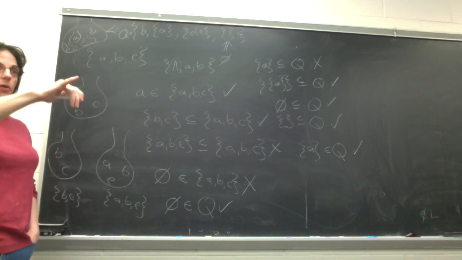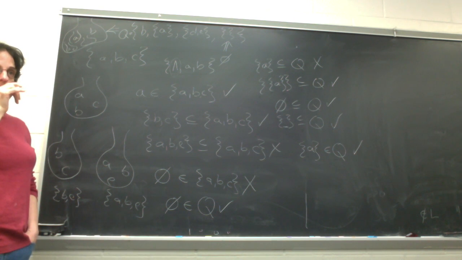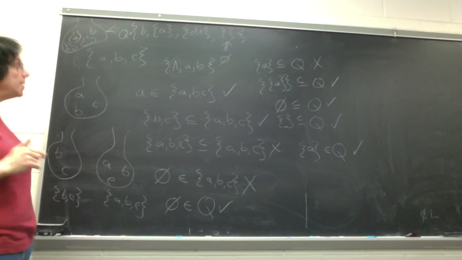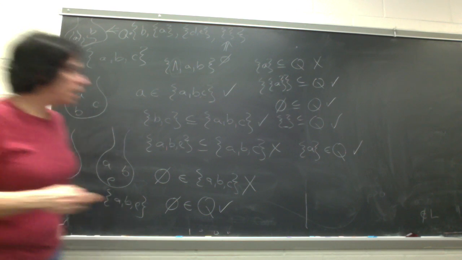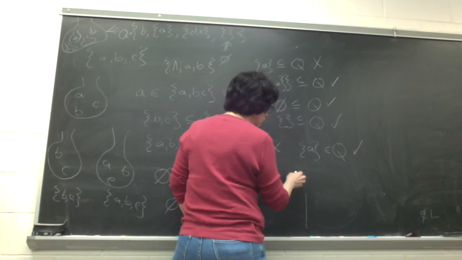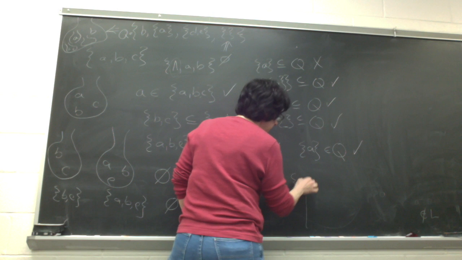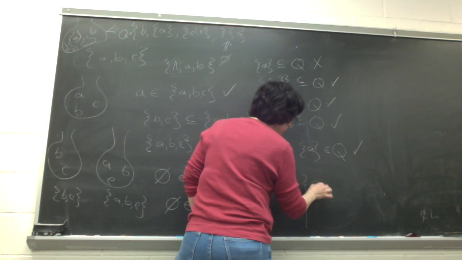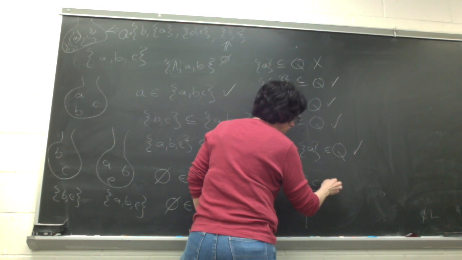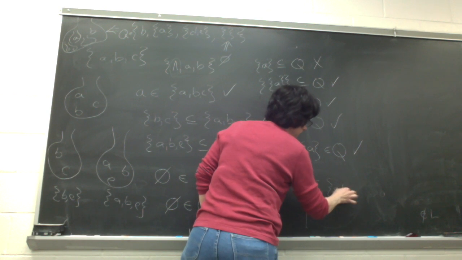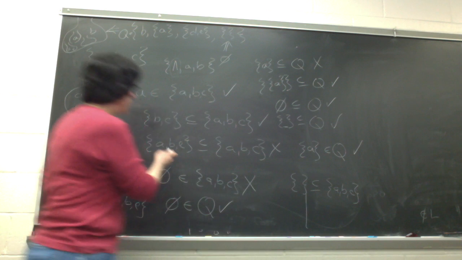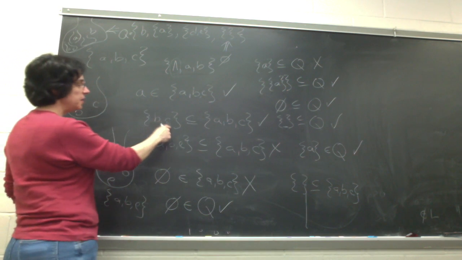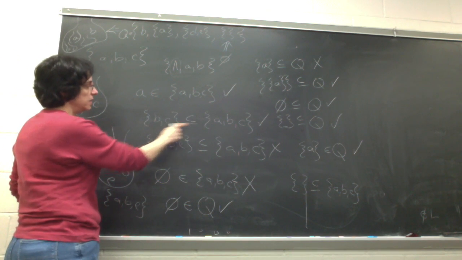There was one more question. Would the empty set be, is it a subset of ABC? Yeah. So the empty set is a subset of absolutely every other set. Remember when we did subset, when we said, is BC a subset, the set containing BC a subset of this set?